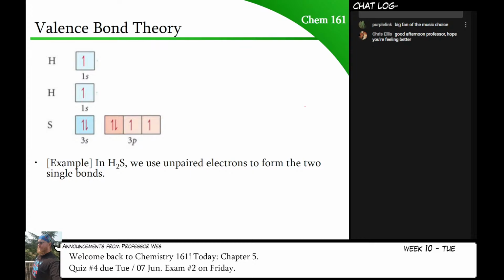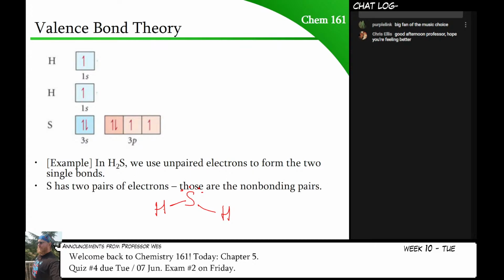So for example, let's draw the Lewis structure for H2S. Here's my H2S molecule. Now let's show how the orbitals align themselves. Well, if I want to bond sulfur to hydrogen, I need to pair up these two single electrons on each atom.